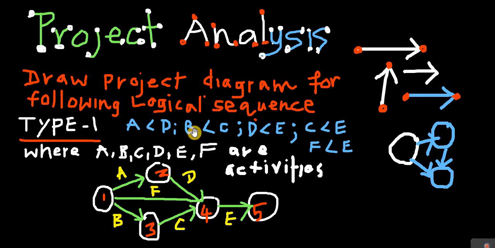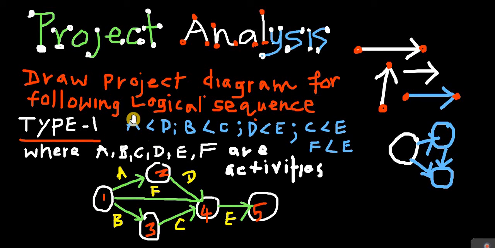Okay. So look at this particular picture. The first one is called the initial event. The last one is called the final event. How to find the initial event? Look at this logical sequence. Before A, no activities are there. Am I correct?